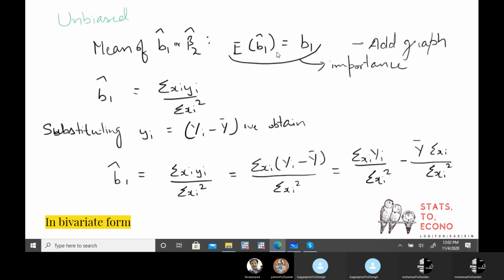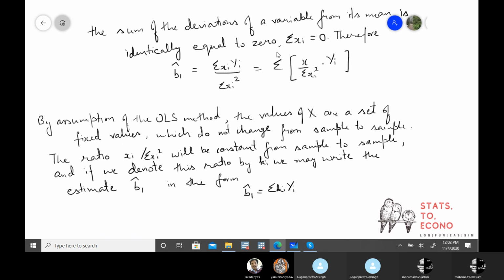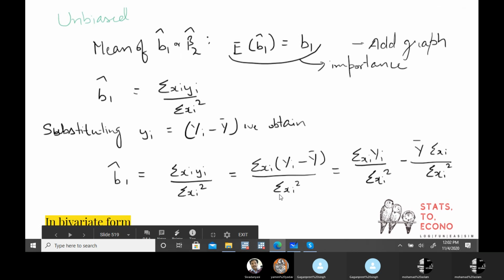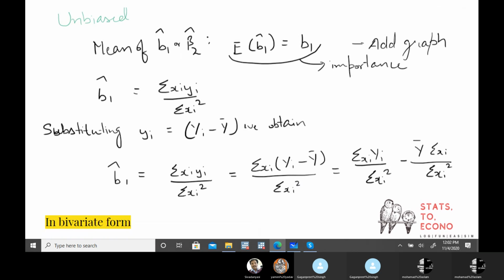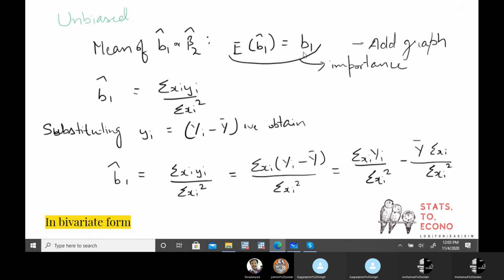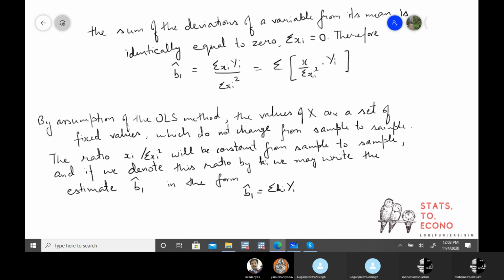If we have this term on the right hand side, from basic mathematics we know that if we want to prove the left hand side equal to the right hand side, and the right hand side is in the form of beta 1, we need this value, and this value is only in the yi function.